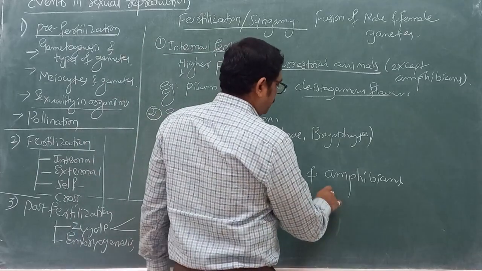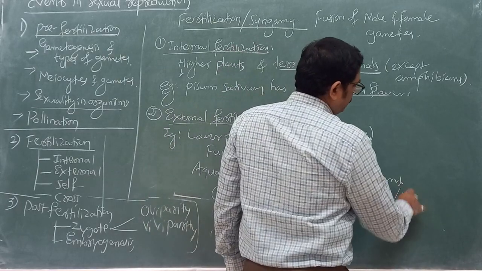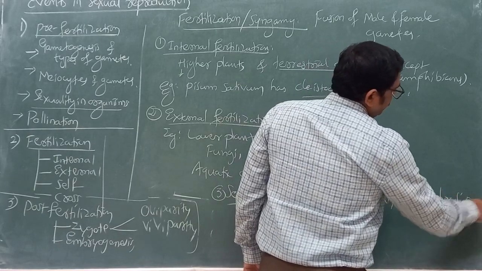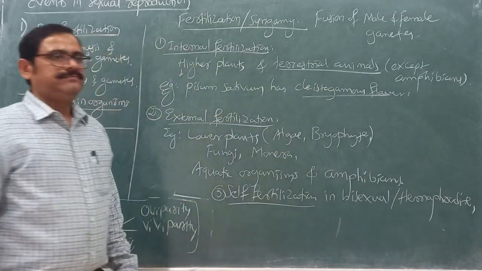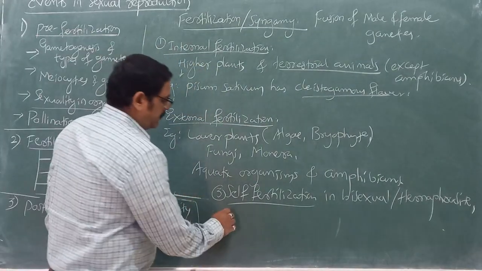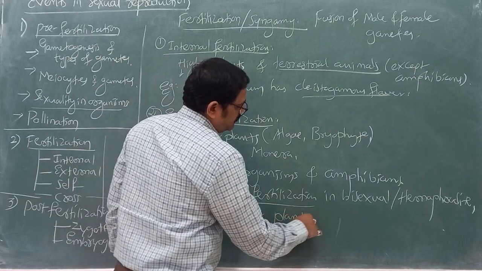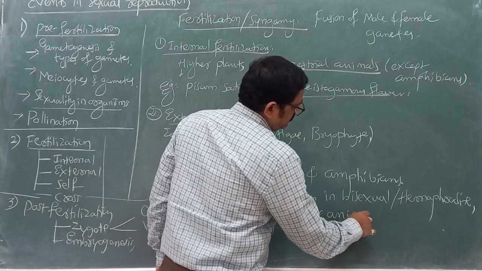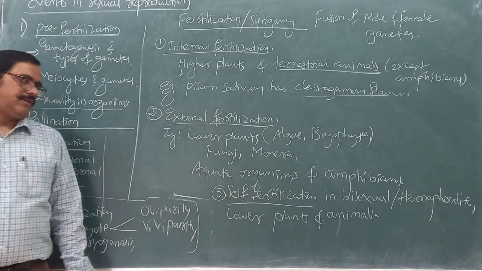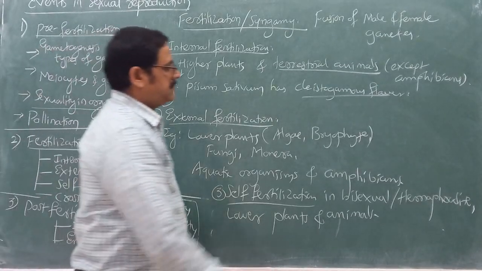Self-fertilization in bisexual or hermaphrodite organisms is possible, and it is mainly seen in lower plants and animals. The fourth type is cross-fertilization. Let me mention that also.